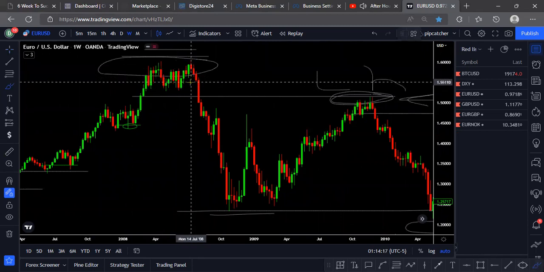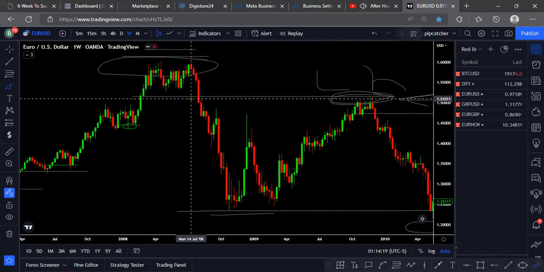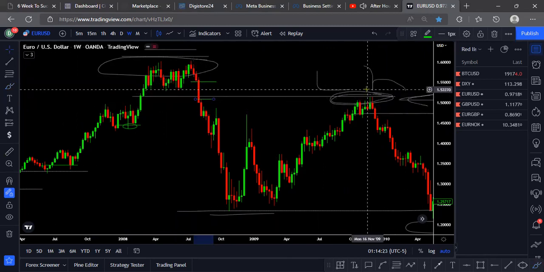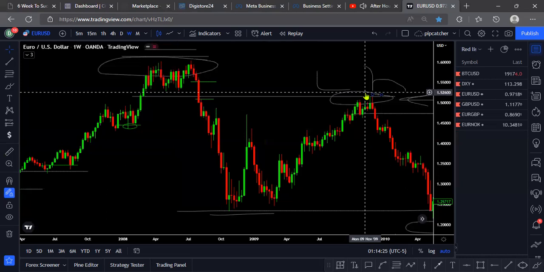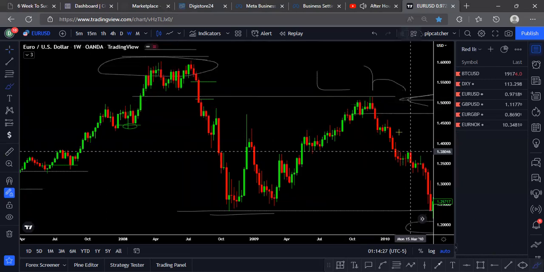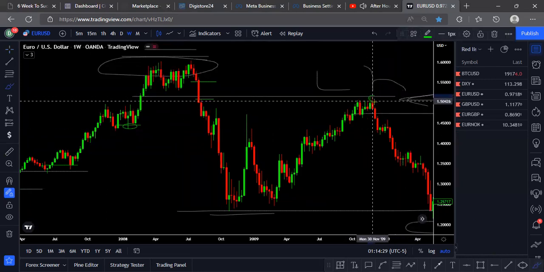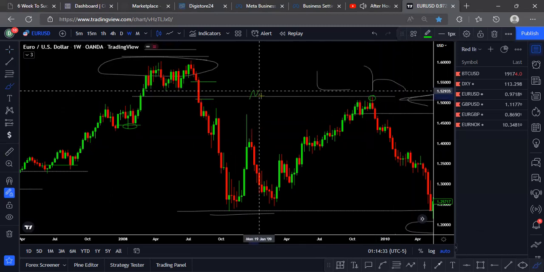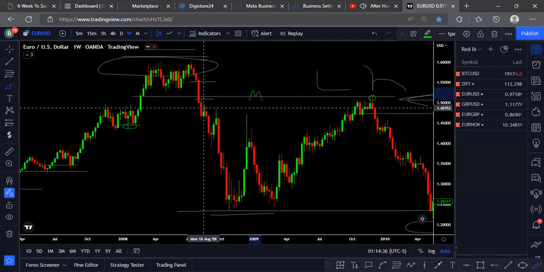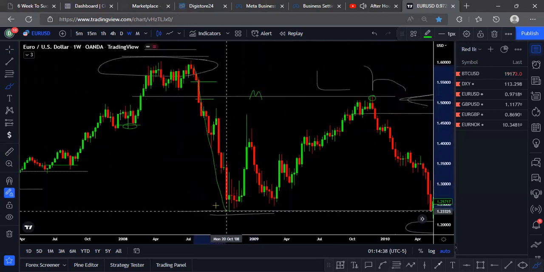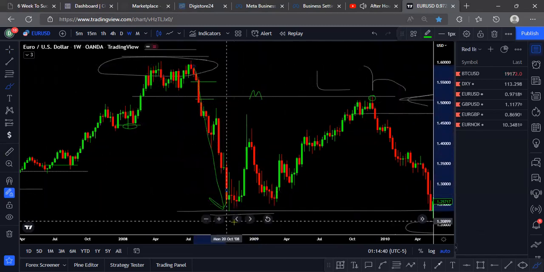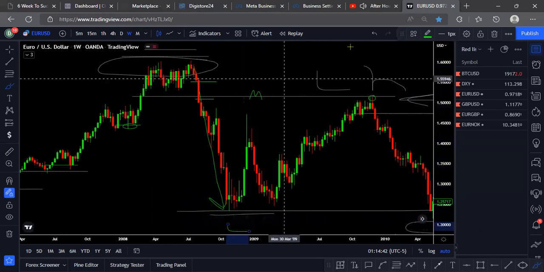So here's a nice setup, right? There's inefficiency up here, which is why we saw this rejection over here. Also, we had this monthly point of interest.